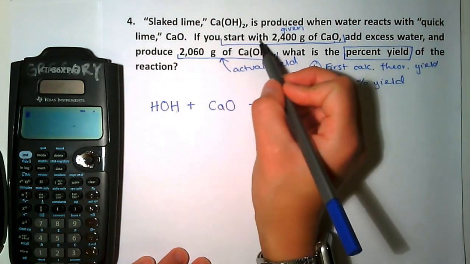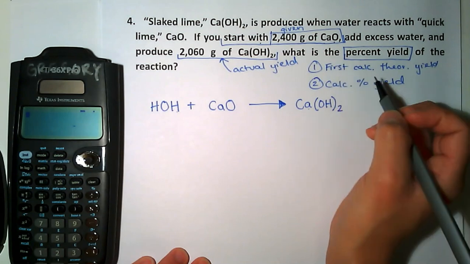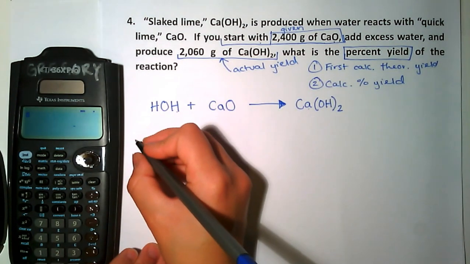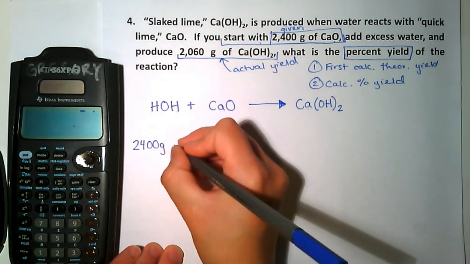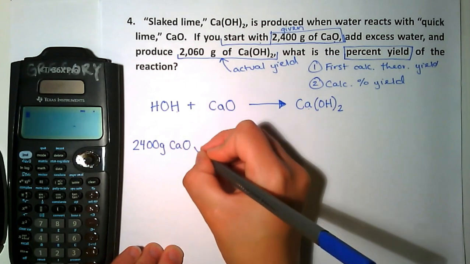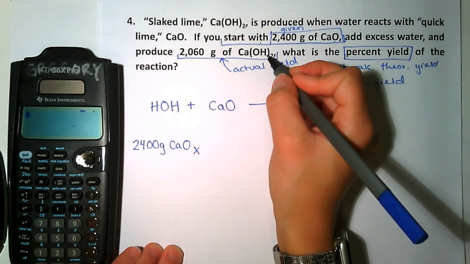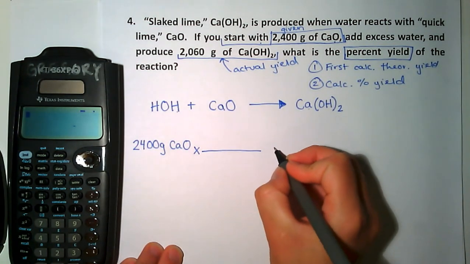So we are starting with 2,400 grams of calcium oxide, and we want to figure out how much calcium hydroxide comes from that. So we're going to do 2,400 grams of CaO as our starting value, and then we want to get to grams of calcium hydroxide, Ca(OH)2. So that's a gram to gram conversion, so we need 3 conversion factors.